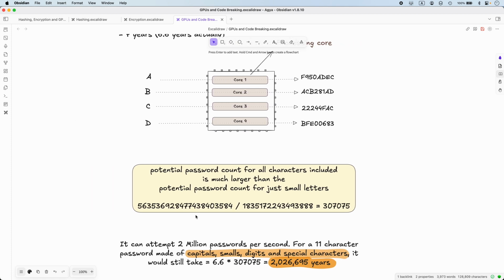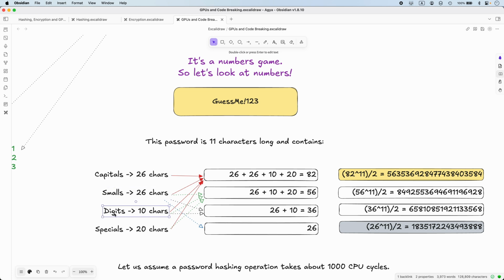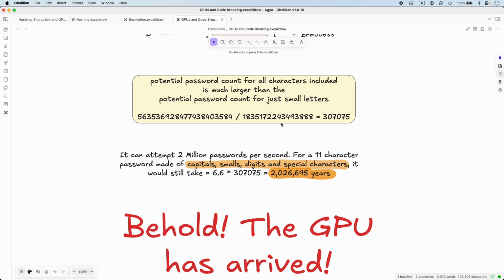So the total number of guesses for the password, which is still 11 characters long but has got all the mixture of capitals, smalls, special characters, is about 300,000 times more complicated. It's going to take 300,000 times the effort to break a password which has got all of the capitals, smalls, digits, and specials. That's what I'm trying to convey here.